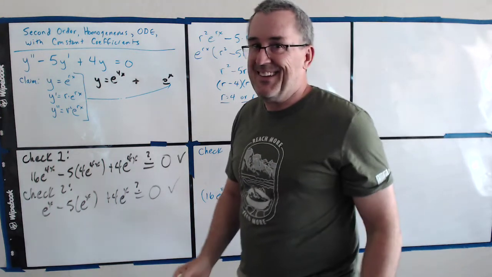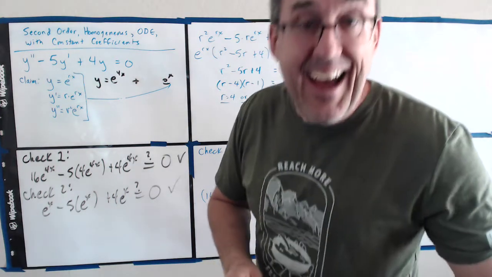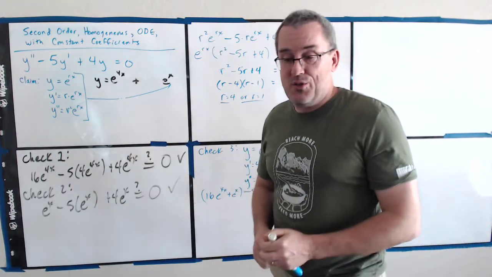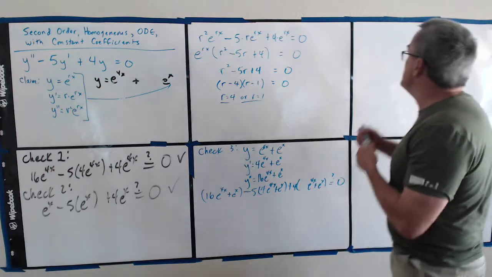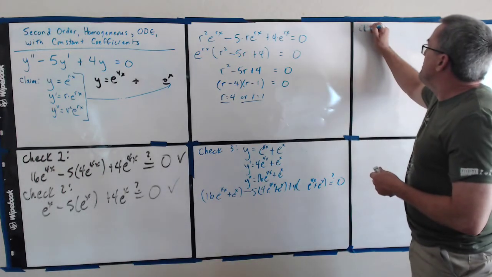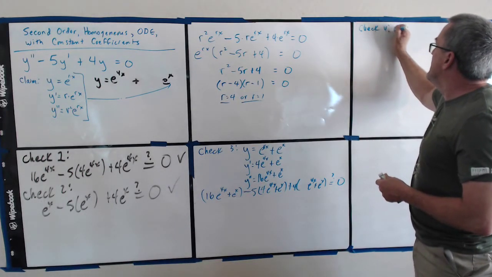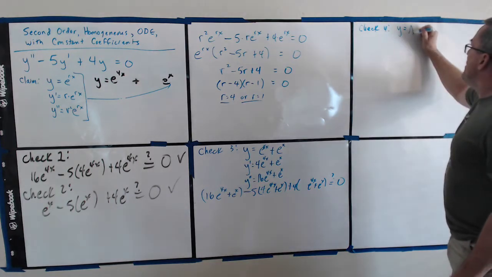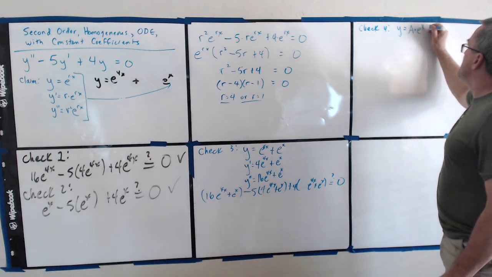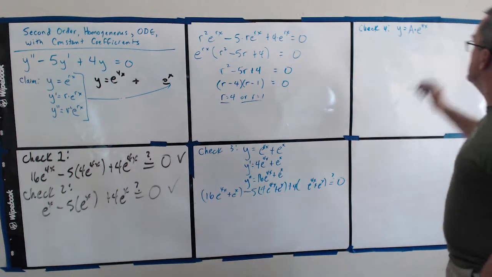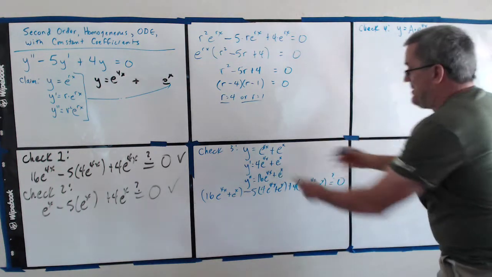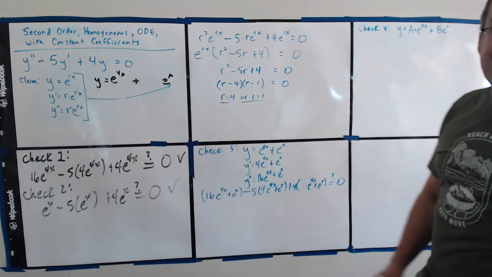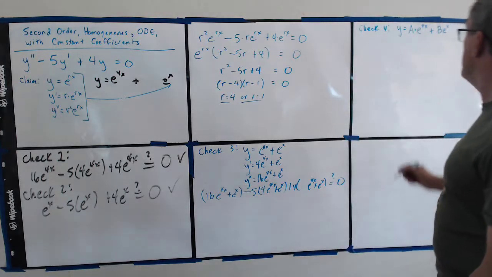Now there's one more thing. Not only that, but any multiples of those two would also be solutions. Here's what I'm saying. We'll call this check 4. And by the way, this is the final check. Check 4. I'm saying that any multiple of that first solution, a e to the 4x, plus, from our combination here, any multiple of that second function, b e to the x, is also a solution to the differential equation.